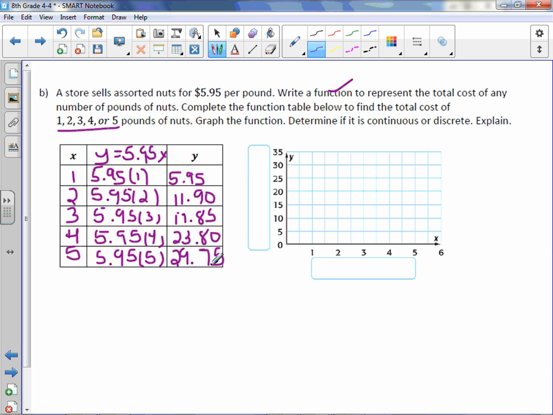Now, 1, 2, 3, 4, and 5 represents the pounds of nuts, so we can say pounds purchased. Okay. And our y-axis would then be our total cost.